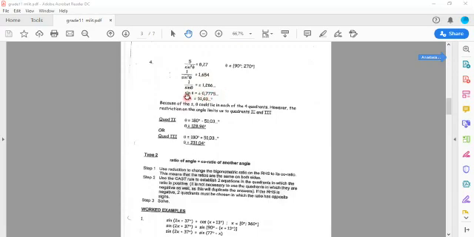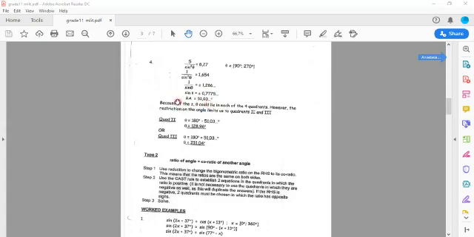Then if I say 1 divided by that, because we are solving for sine theta, so 1 divided by plus or minus 1,286 is plus or minus 0,775. So sine theta is equal to plus or minus 0,775. So my reference angle is 51,03.